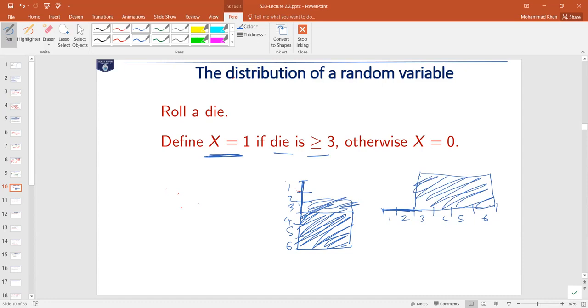So basically distribution means what percent of the sample space is distributed how over the numbers that we want to map using the variable. So there are two things: the portion of the sample space and the outcomes. Outcomes mean the values that this random variable maps to.